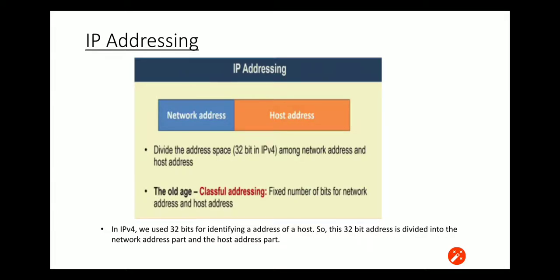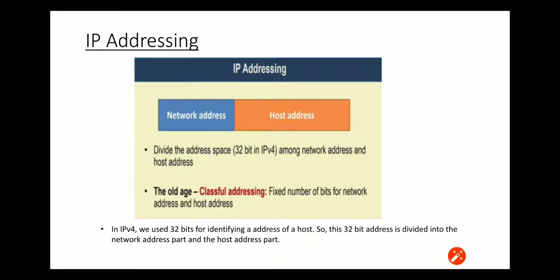The idea of dividing this 32 bits into the network address and the host address is called classful addressing, where you have a fixed number of bits for the network address component, and the remaining bits are for the host address component.